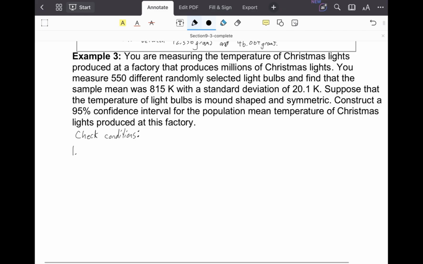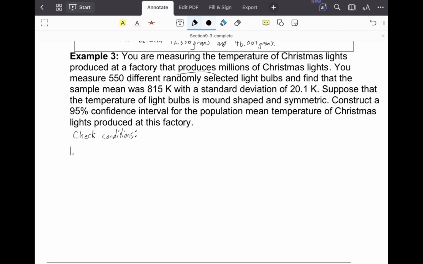And the first one, random sampling, it says randomly selected. That's good. So random sampling was used. We don't have to assume random sampling at this point.